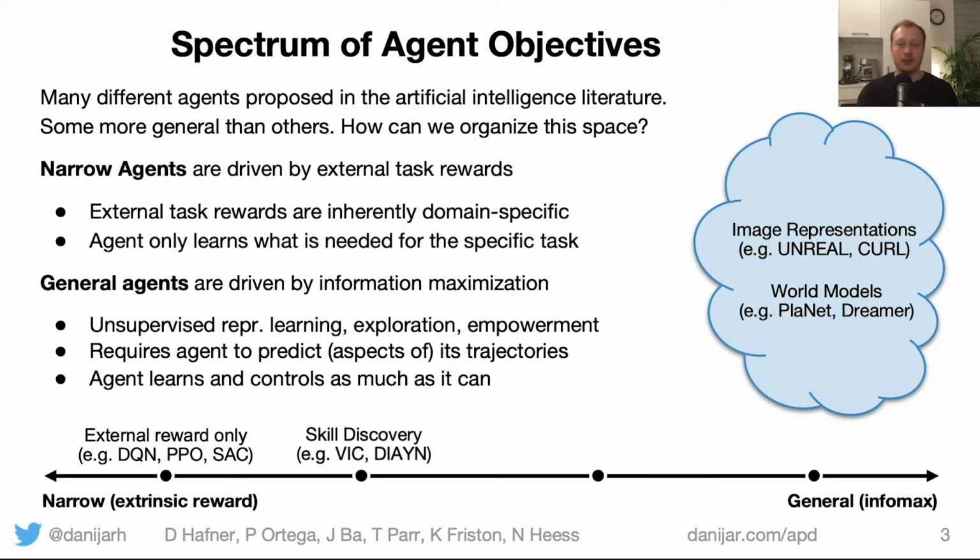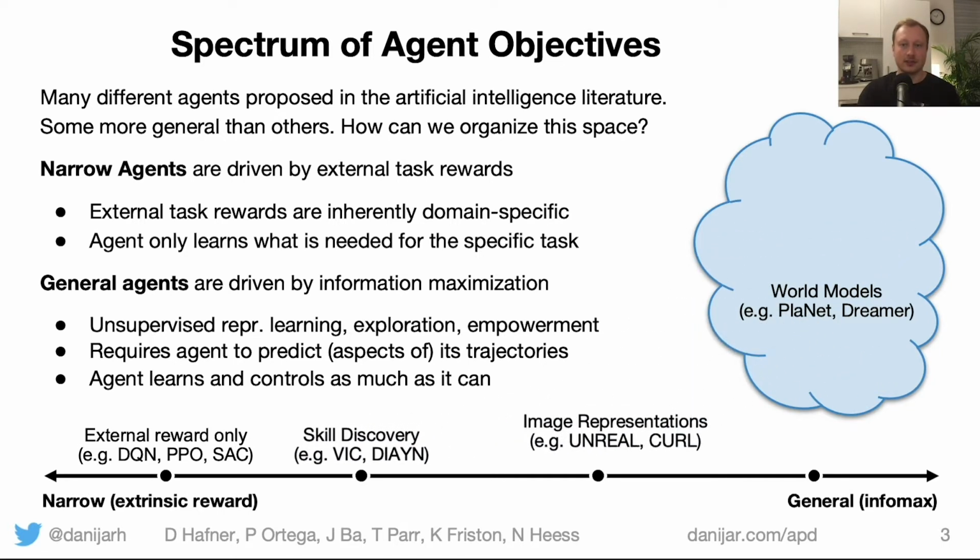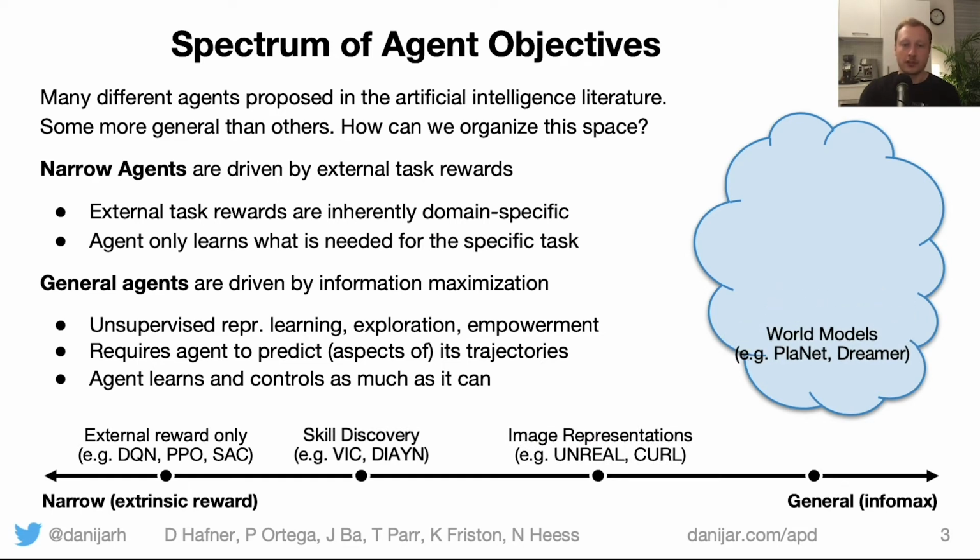This allows us to organize these objective functions based on how general they are, which corresponds to how much of their trajectories these agents can predict. And such agents learn and control as much as they can about the environment, so they can use task rewards, but they are not reliant on them, and they can be completely unsupervised as well.